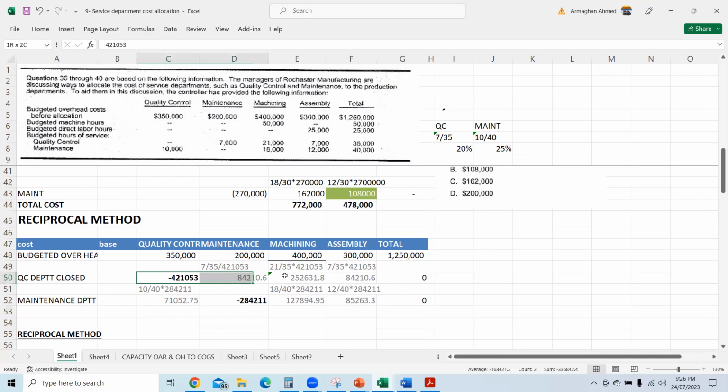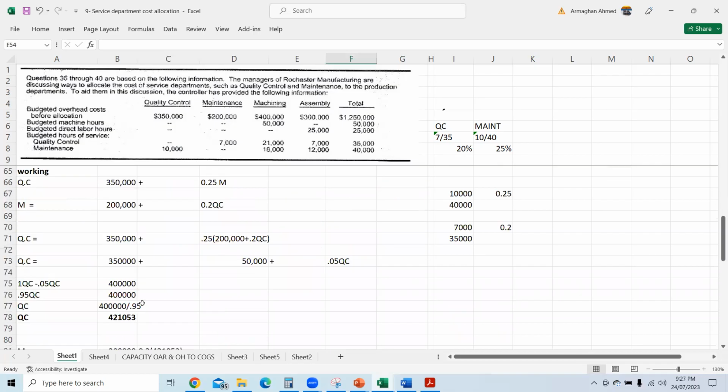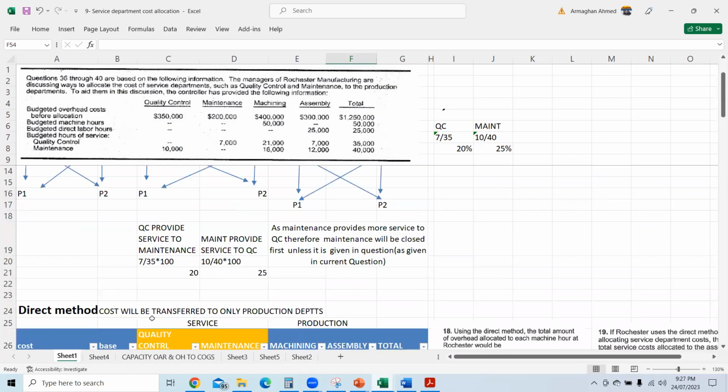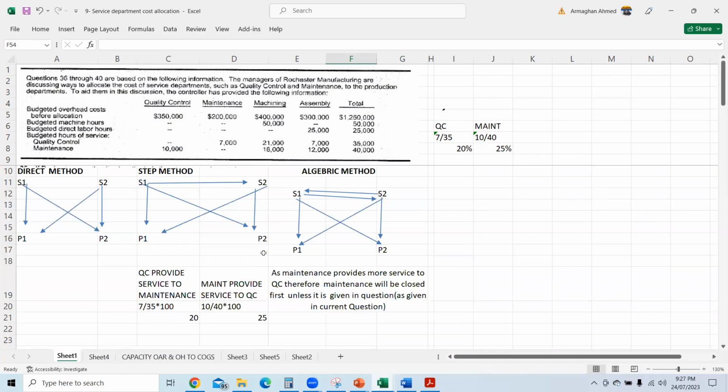First we have allocated. Allocation is not the main thing, I think you know how to allocate it. But the main thing to find out is this, right? So have you understood today's lecture?